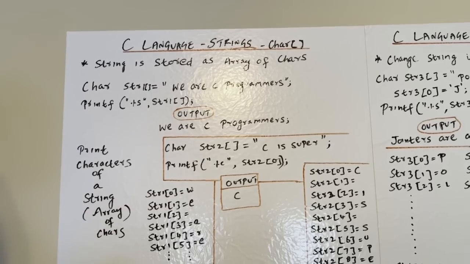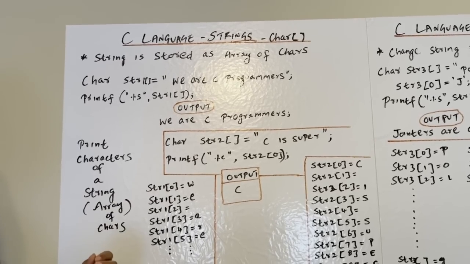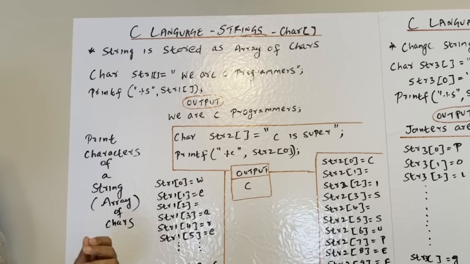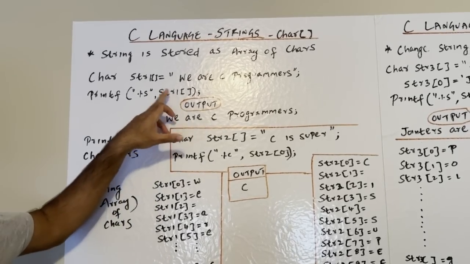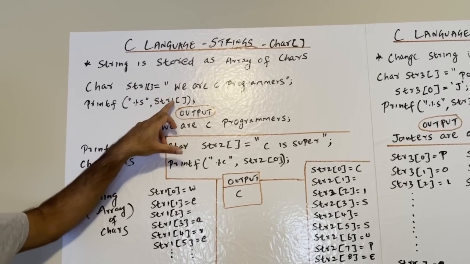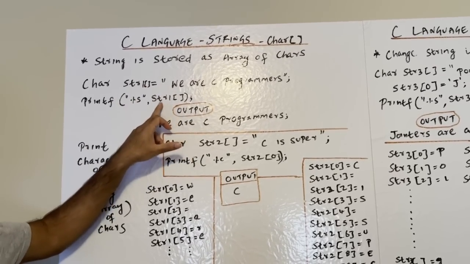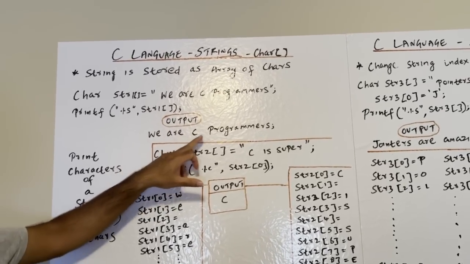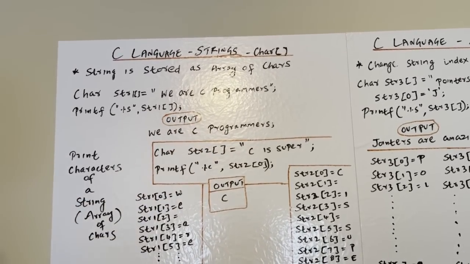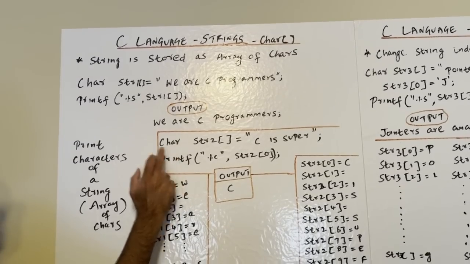Previously we saw for integers it's %d for decimal. S is for string, C is for characters, P is for pointers. So str1 in square braces, I want to print this string here. When you execute this program using a C compiler, this is the output: We are C programmers.